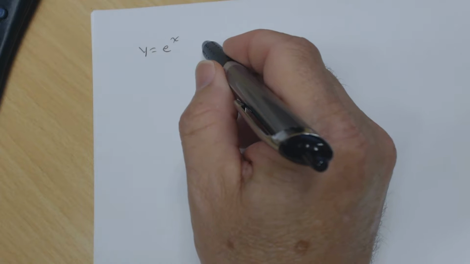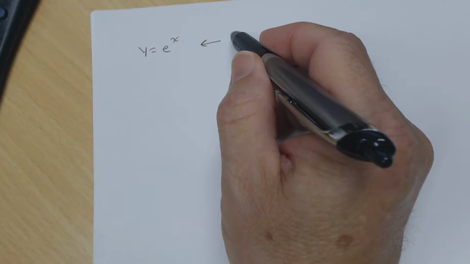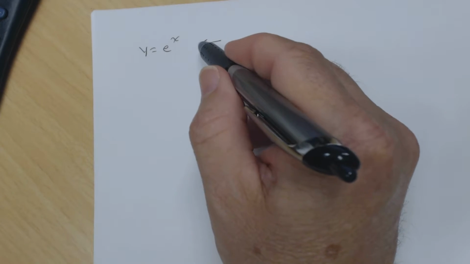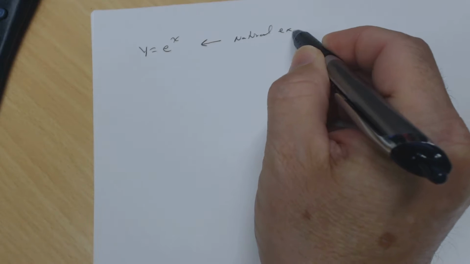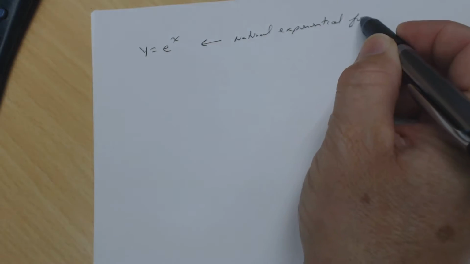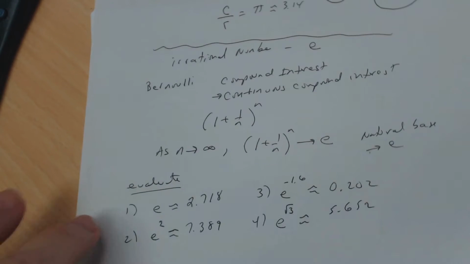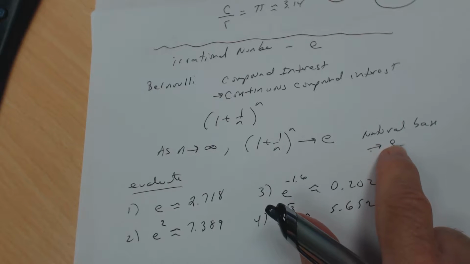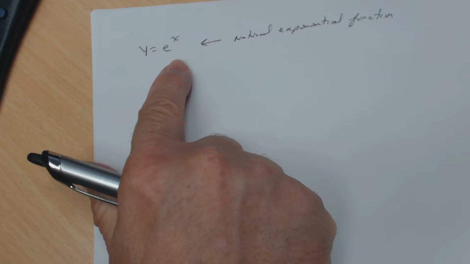Just to let you know, y equals e to the x is called the natural exponential function. Remember, e is called the natural base. So this is called the natural exponential function.